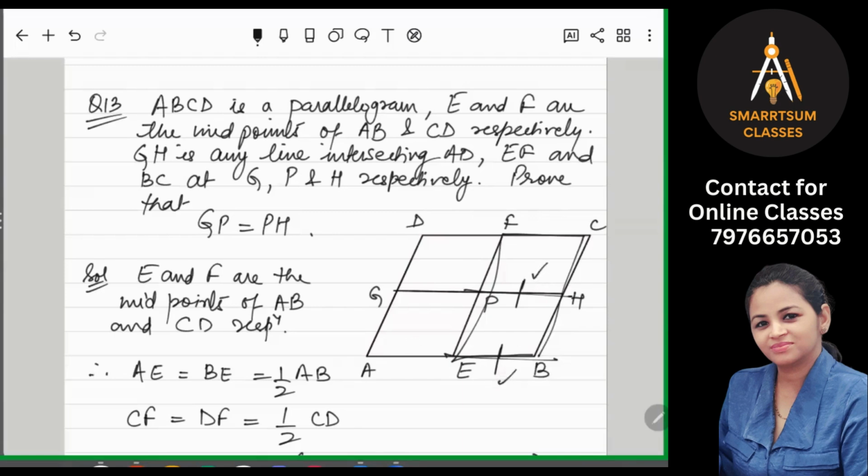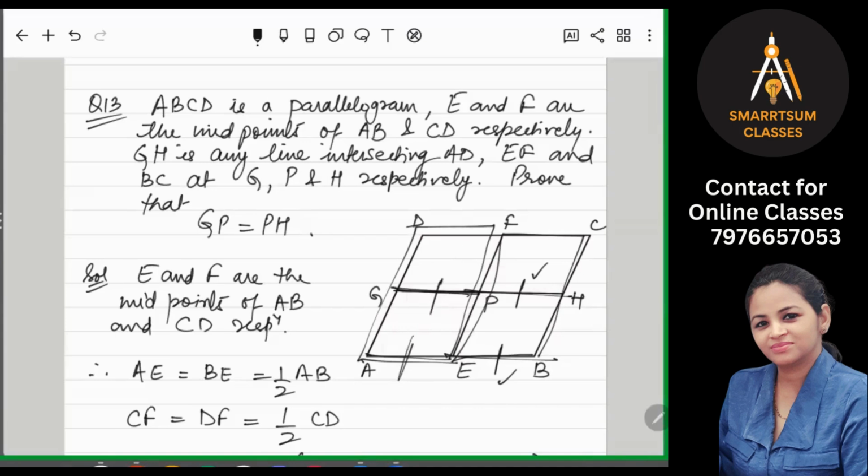Similarly, when we are considering AEFD, which is a parallelogram, right? Here we have written that GP and AE are equal. Okay, why? Again, a similar thing, because DF and AE in a parallelogram, the opposite sides are parallel and equal, right? And if we draw a line parallel to it, that will also be equal to AE or DF. Is that clear?